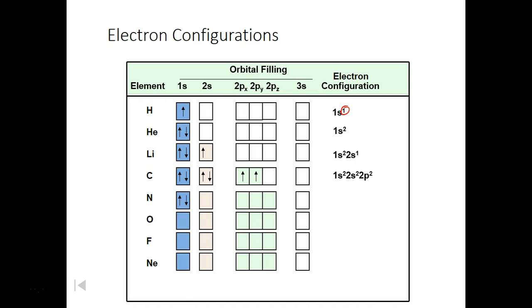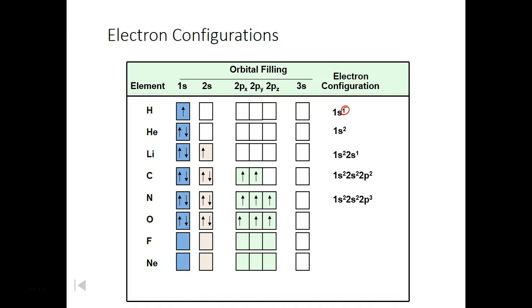Nitrogen's going to have 7. We go 1, 2, 3, 4. Those are full, so we go up to the next one. 5, 6, 7. And we write that as 1s2, 2s2, 2p3. Oxygen's going to have 8. We go 1, 2, 3, 4. Those are full. 1, 2, 3.